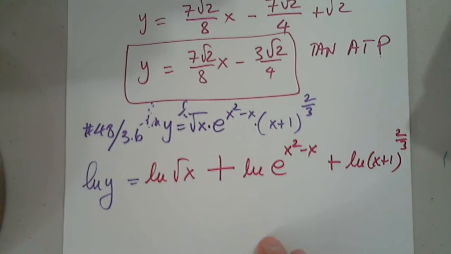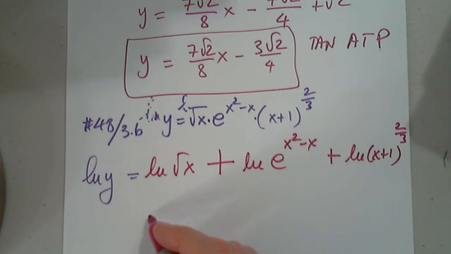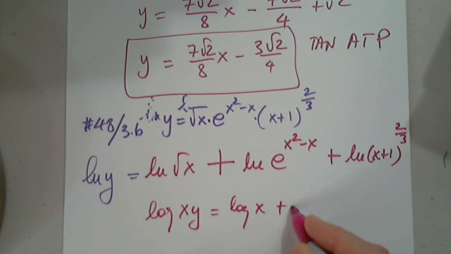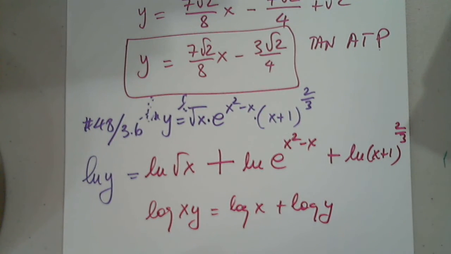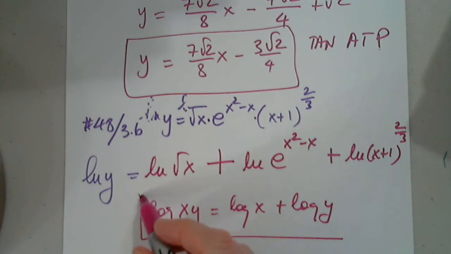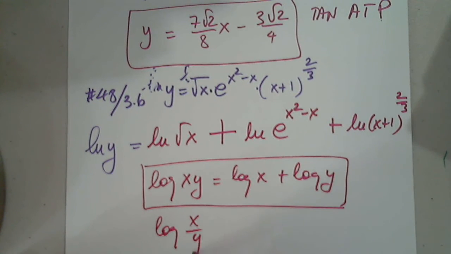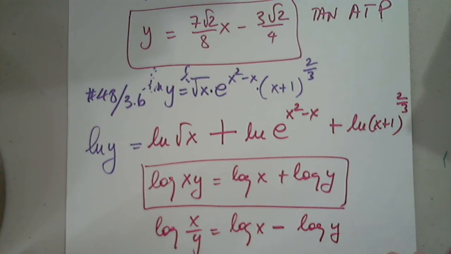Excellent. Thank you. So let's write the rule again. Log of x times y is log of x plus log of y. This is the rule that we just applied. Log of x over y is the same with minus: log x minus log y.